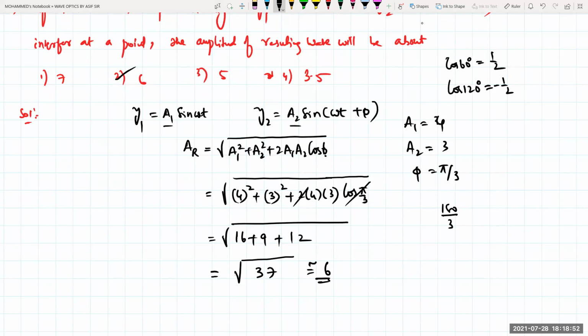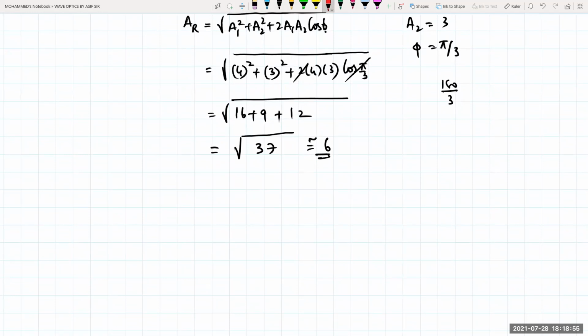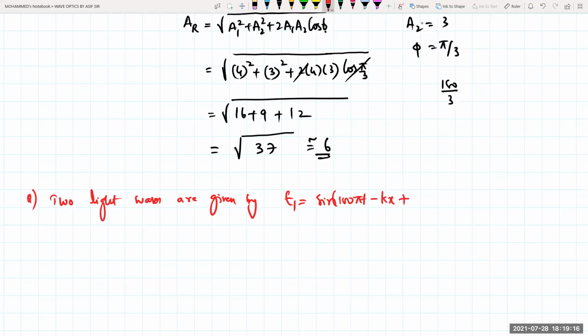So whenever you get some wave equations, this is the way we do the problem. I'm giving you one more question, please try to do this one. Say for example, we got two light waves. Two light waves are given by E1 = sin(100πt − kx + 30°) and E2 = 3 cos(2πt − kx + 60°).